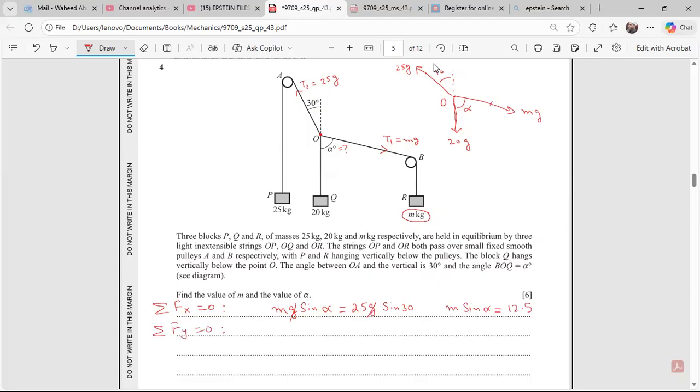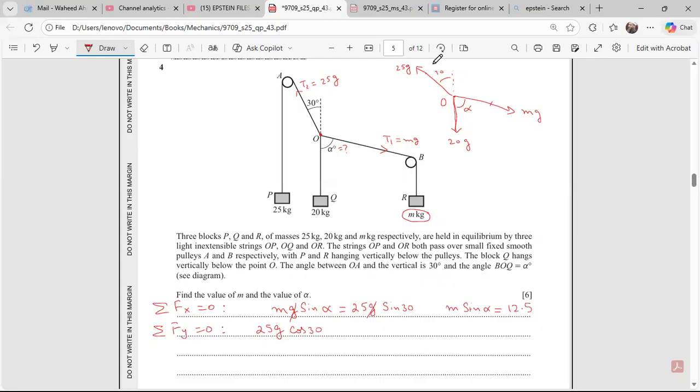Along the y-axis, we have three forces: the vertical component of this force, the vertical component of this force, and this vertical force of 20g. The force in the positive direction is the vertical component of this 25g, and that is going to be 25g times sine, no, cosine of 30 degree.